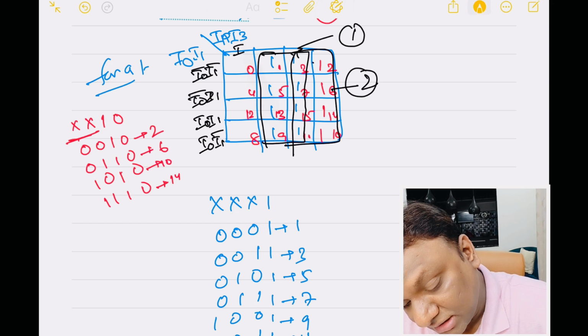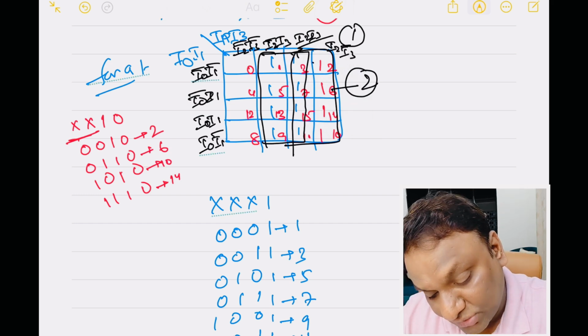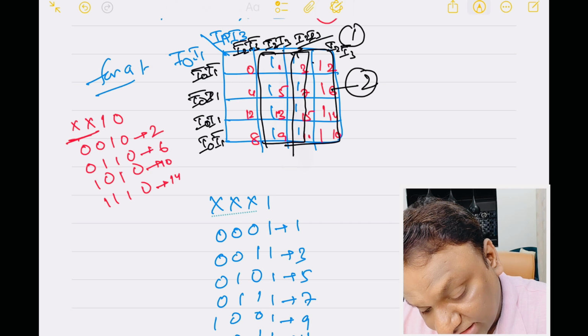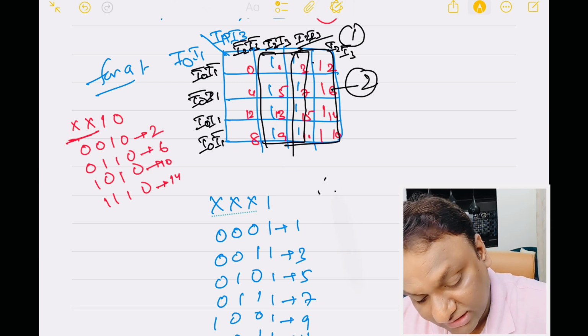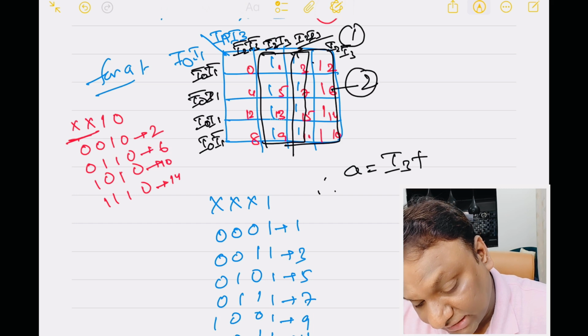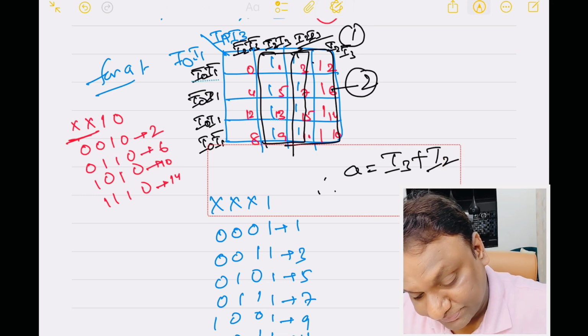This will be I2 bar I3 bar, I2 bar I3, I2 I3 and I2 I3 bar. So what is common here? This I0, I1 is completely varying. So here common is I3. Therefore, A is equal to I3 plus, what is common here? Here I2. I3 plus I2.